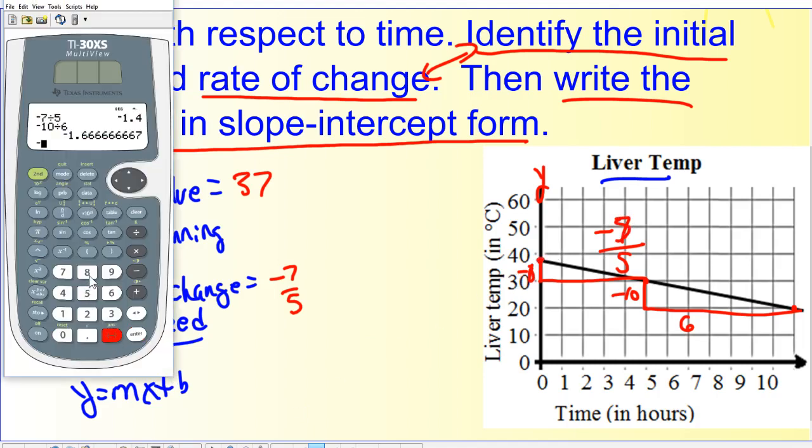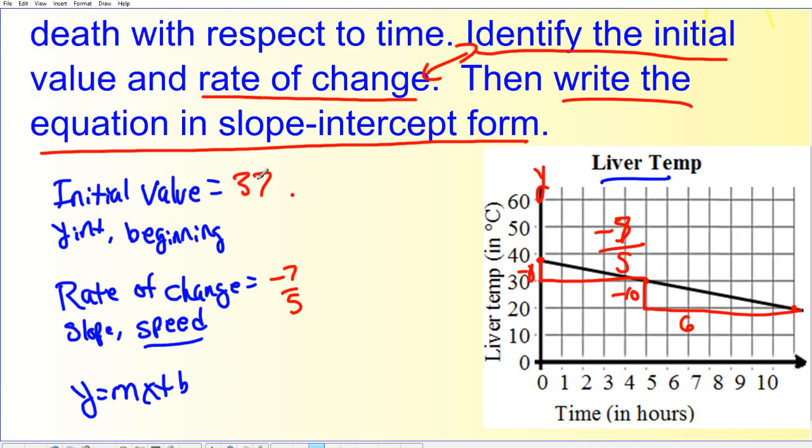What is negative 8 divided by 5? That's pretty darn close. Let's do that. Let's call it 38, because it makes our slope a little bit prettier. So now it's down 8 over 5, down 10 over 6. Yeah, it all works out to about the same. Okay.